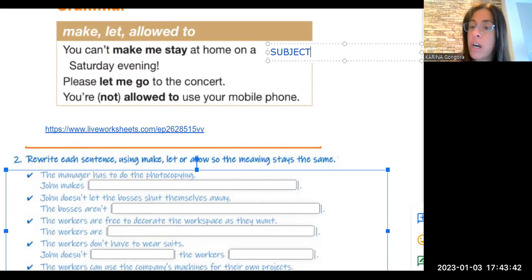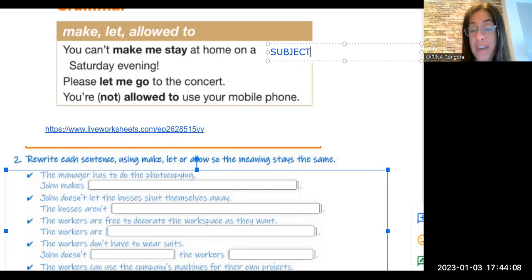Then here we have we can't make. But we don't need the can't. El can't podría estar o no. ¿Sí? Podríamos decir, you make me stay at home, right? Or I make my children make their beds, right? Or I make my children feed the dogs, right? Yo hago que hagan tal cosa. That is the real meaning.